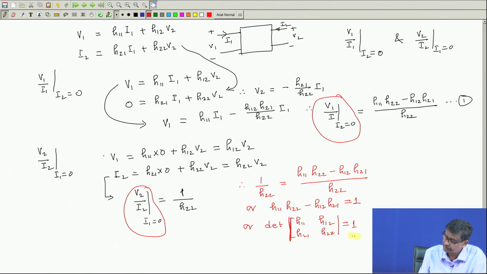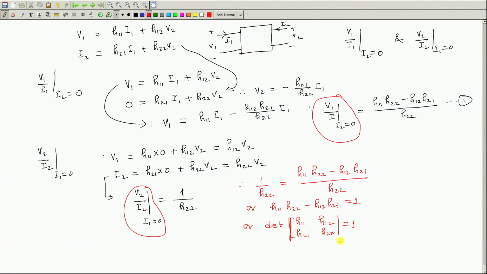If this determinant is 1, I am sure it is a symmetric two port network.